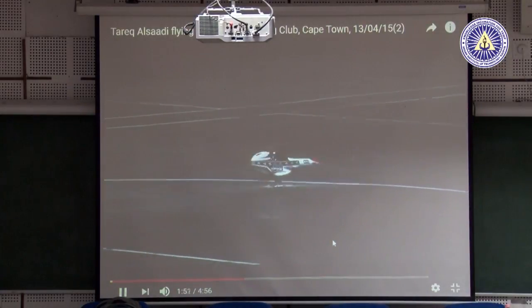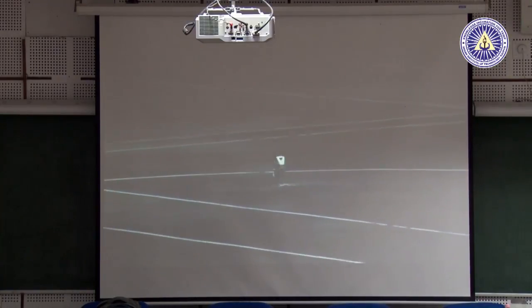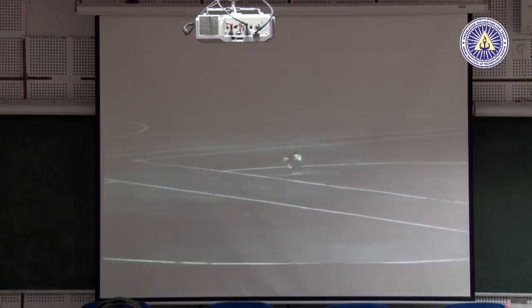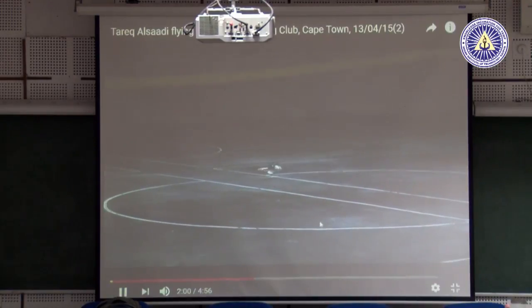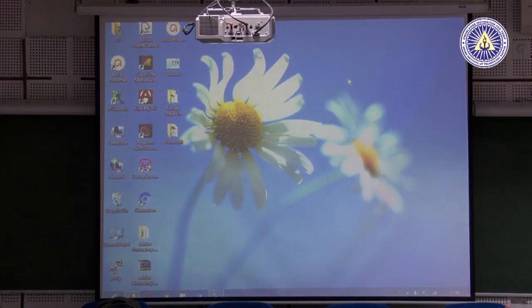It's also very precise, in the sense that you can have very accurate movement of this helicopter coming out of the control input. So that was just the motivation for looking into the rotor dynamics.